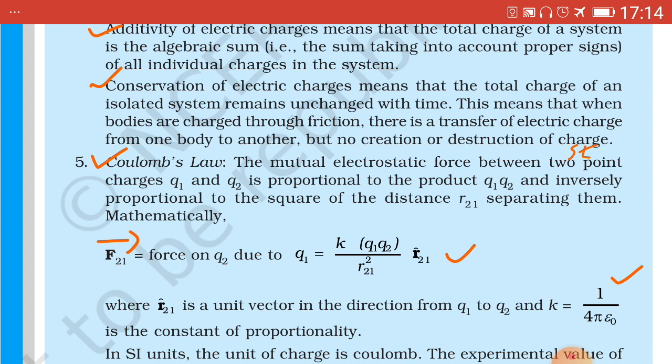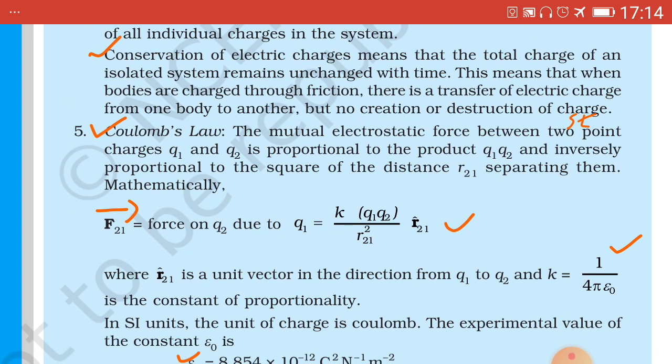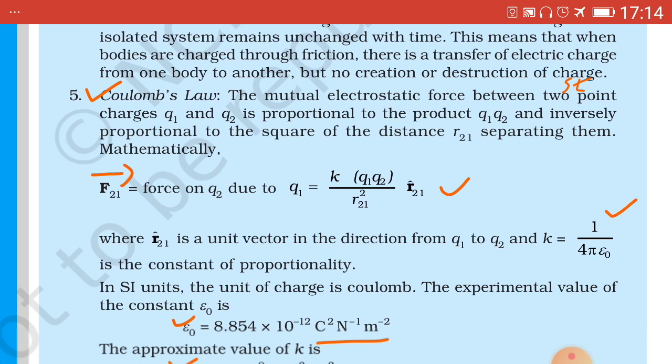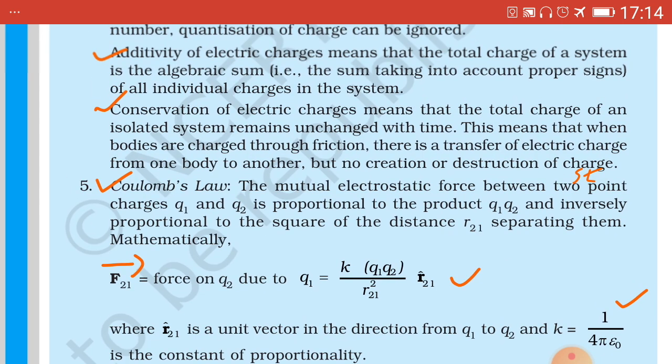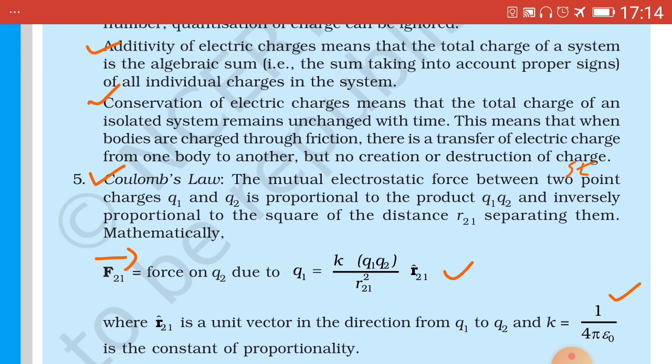Next one, that is point number 5, Coulomb's law. The statements we have discussed ahead. Here the important words should not be missed, that is two stationary point charges.